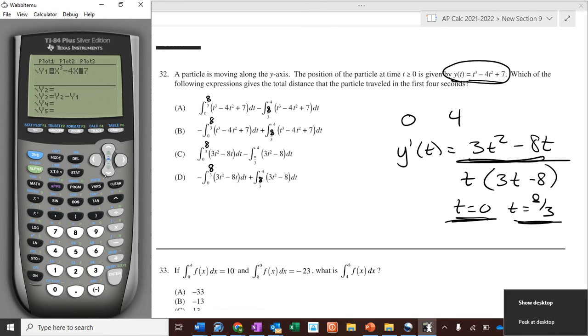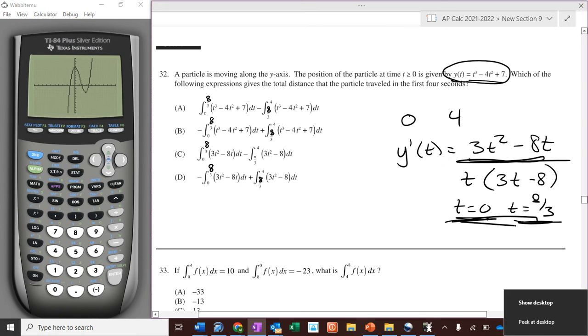So what's happening is it's going down between 0 and 8/3, and then it's going back up after 8/3. So it's negative for the first part and positive after that. So it is choice D, because it's negative and then it's positive. So that's why it's D.